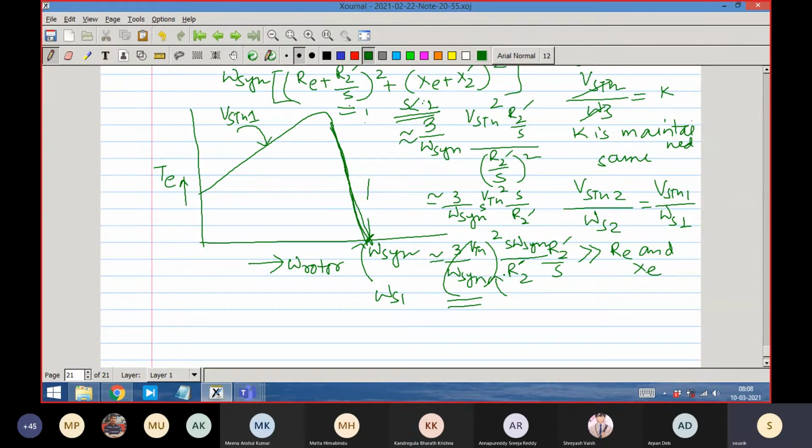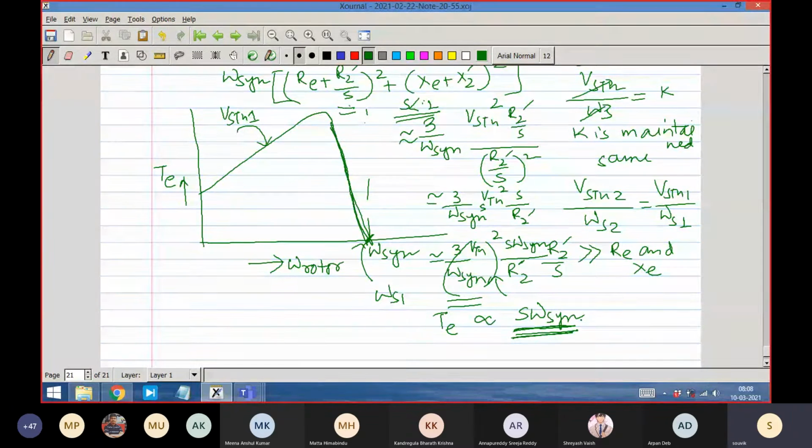If this ratio is constant, then what is it giving? That the torque is proportional to what? Because that has become constant, it is proportional to S omega sin, right? That means we will get the same torque provided we are operating maintaining this quantity constant.